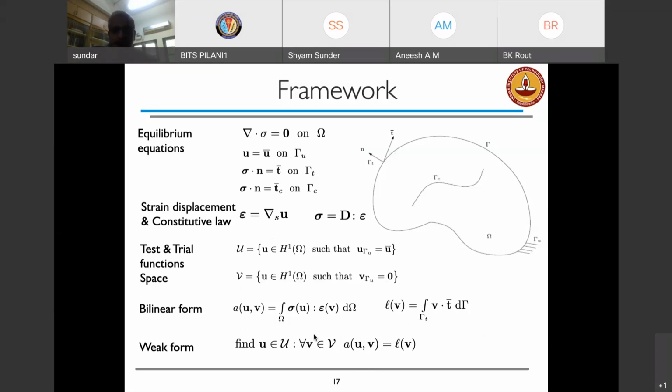So put simply, the weak form now reads: find displacement u, which is a function of some polynomial space, such that the bilinear form is satisfied. The bilinear form is basically a(u, v) equal to L(v). In other words, the bilinear form gives you Ku equal to F, which is the system of linear equations, if we have started with a linear system of equations.